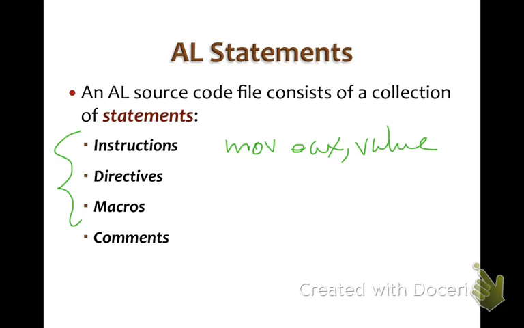A directive. A directive is a statement that tells the assembler to take some action but does not result in a machine instruction. In other words, it has no effect on the object code that's going to be running. Examples of this that we will see include things like .586 or .model flat.